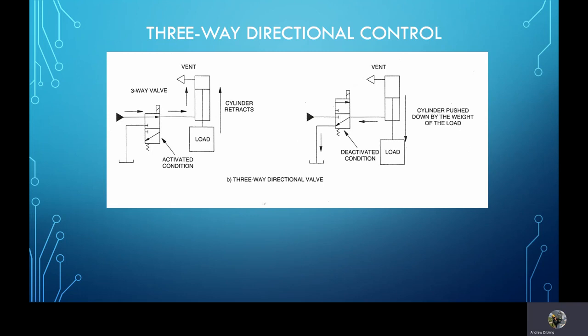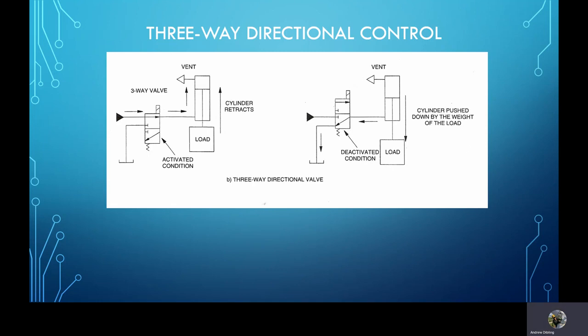This is a three-way directional valve and not a two-way like you might think, because the fluid has three options. It can either go straight through, it can be blocked, or it can drain through from, in this case, the top right side of the bottom block to the bottom left side of that block when deactivated.